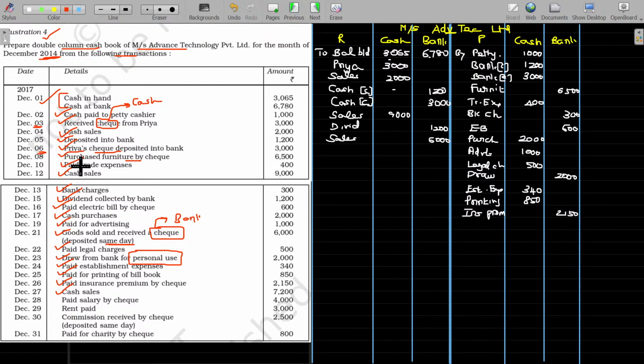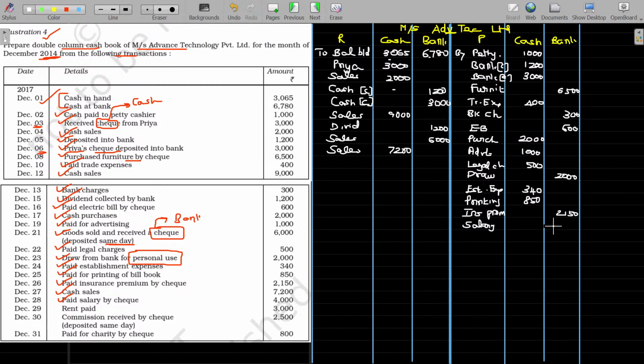And cash sales, we get the money. So, in the receipt side, sales, the value being 7200. Paid salary by check, so salary here, payment side.